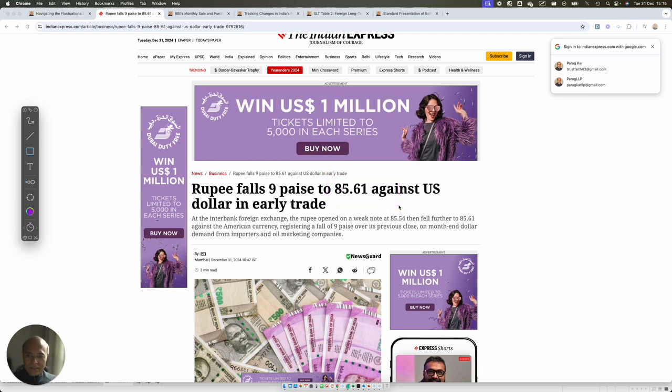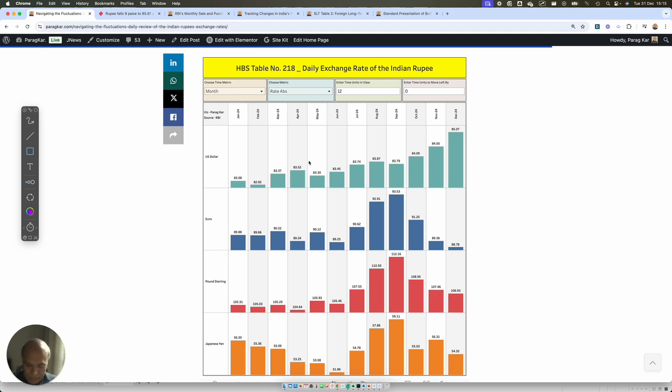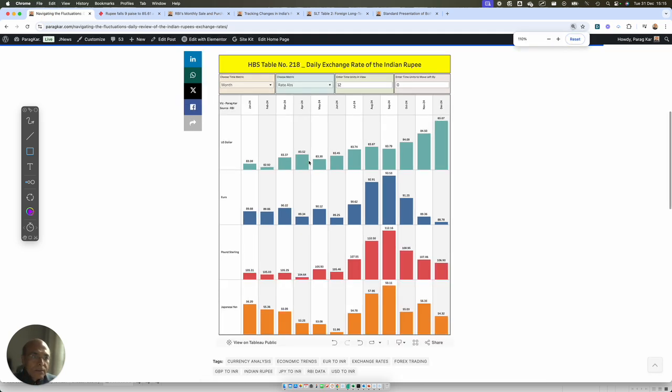So this looks quite strange, right? Suddenly there has been a significant depreciation of the rupee, and we are not able to stabilize the rupee. Also, one thing is pretty strange. Let me just zoom out. You'll see that as regards other currencies, for example the euro, there was a depreciation.